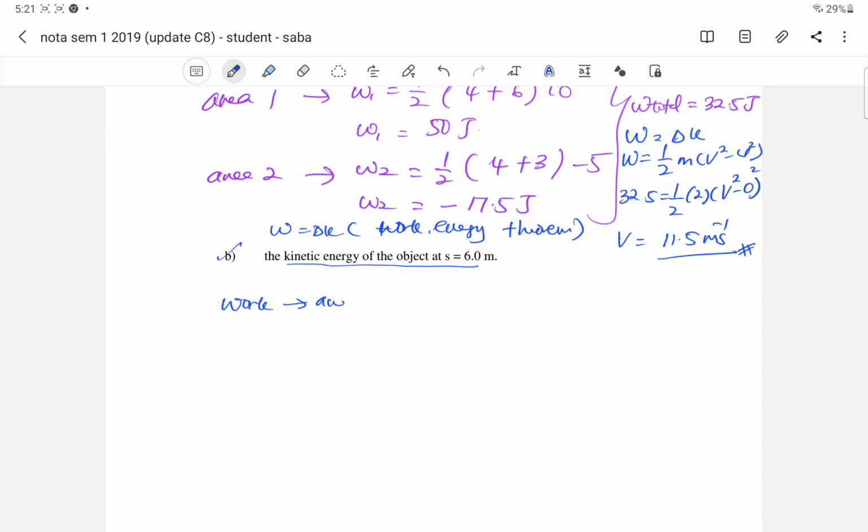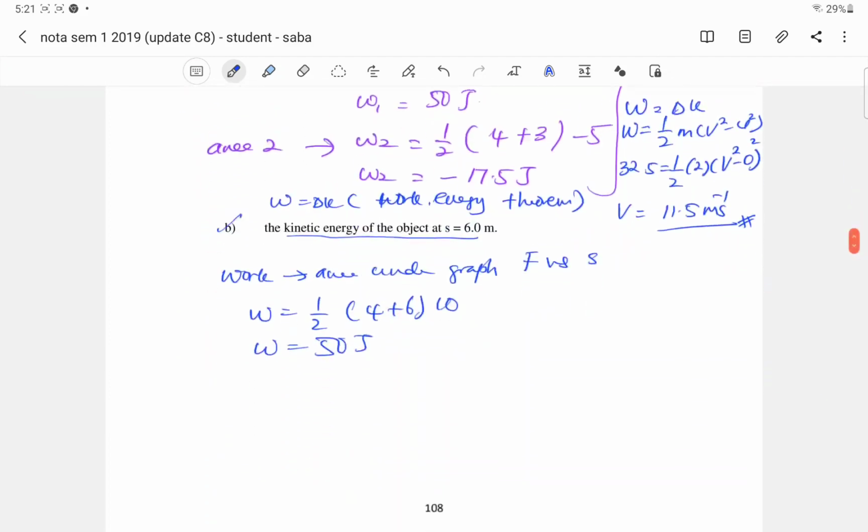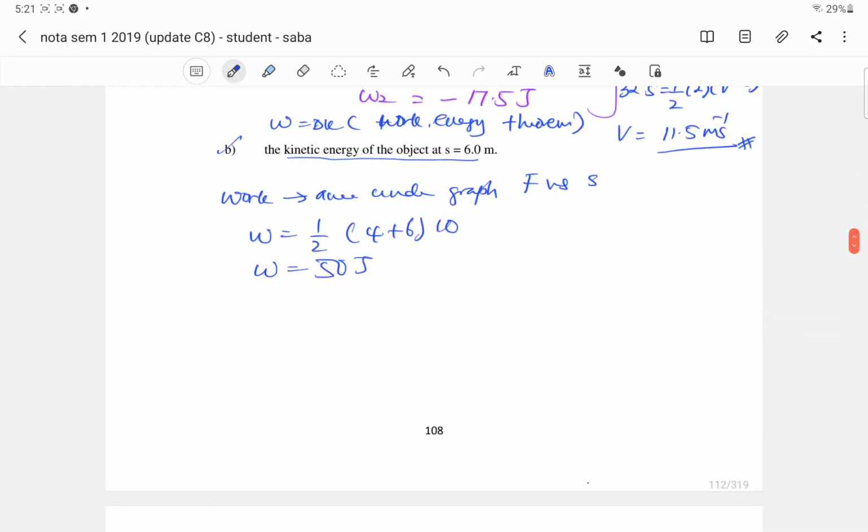Work itu adalah area on the graph, F versus s. Okay, so work done equal to half, 4 plus 6, 10, trapezium punya formula, 50 joule. Okay, so area ini adalah 50 joules. Sampai 6 tu sebab soalan tanya 6 saja. Alright, so we use the work energy theorem.